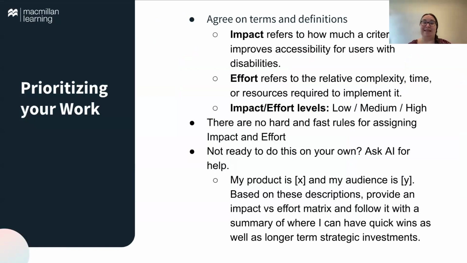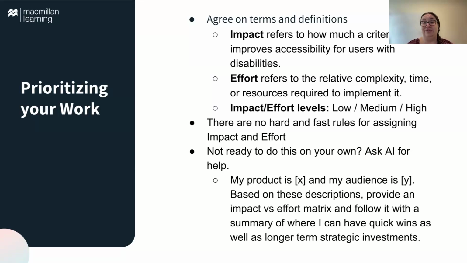I think getting started on an accessibility program is probably the most daunting part. So I'm going to start by backtracking to the baby steps that I talked about. It is really hard to have a successful program without having an understanding of what the issues are that you're trying to tackle. And so an audit of your current product, your current program, your current content, it's going to be really key to make it better.